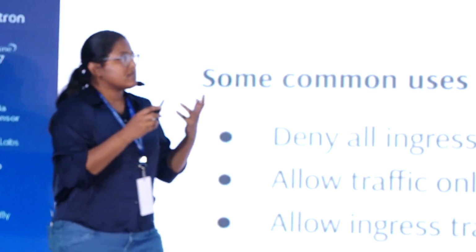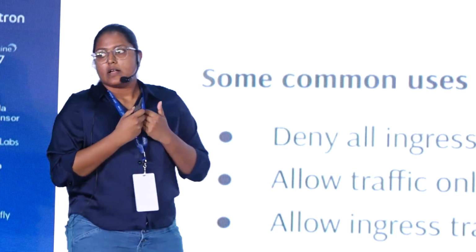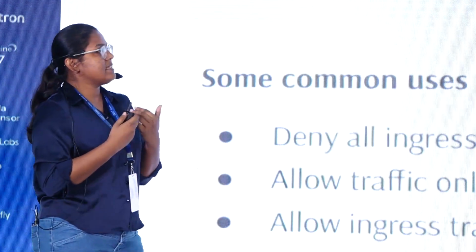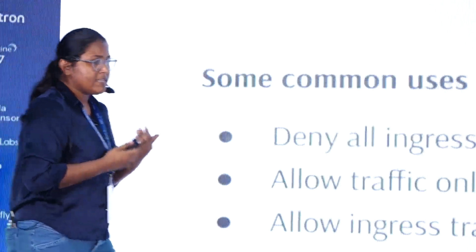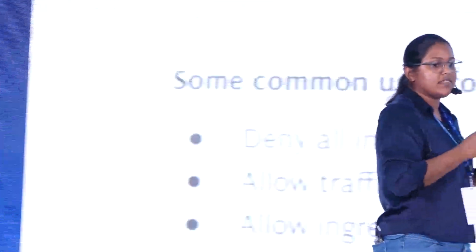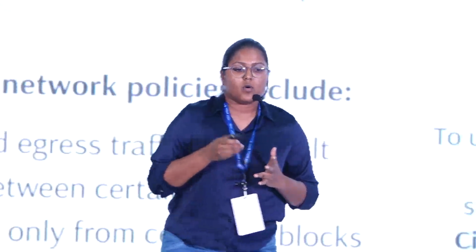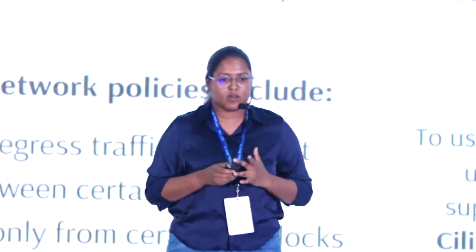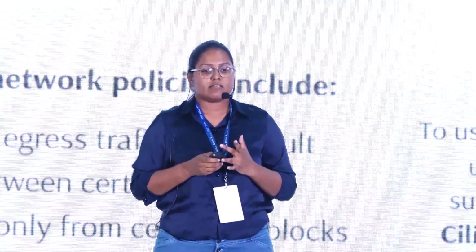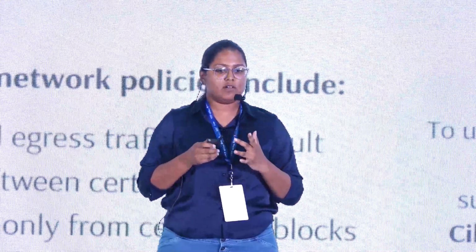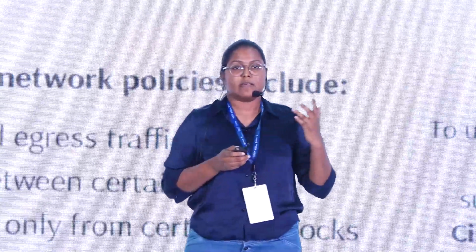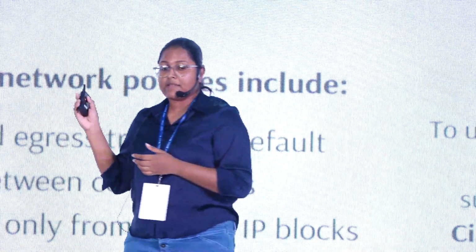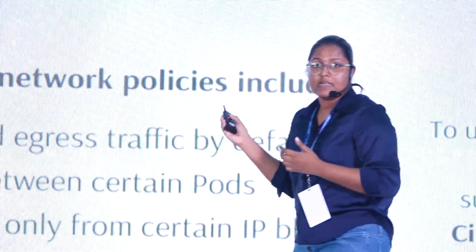That can be done with network policies. With network policies, we can deny all ingress and egress traffic by default, or we can allow traffic only between certain pods, and we can allow ingress traffic only from certain IP blocks, and also we can limit egress traffic to specific external IPs. That can also be done with several CNIs.